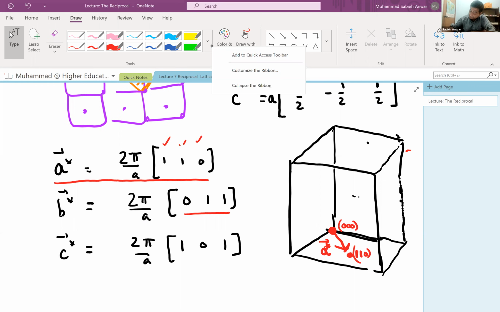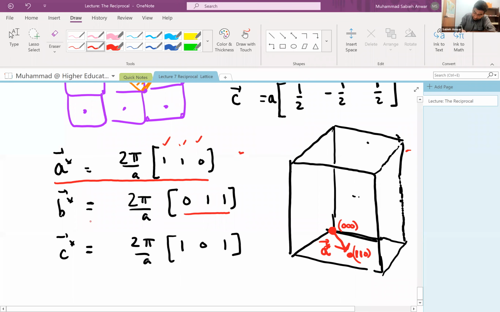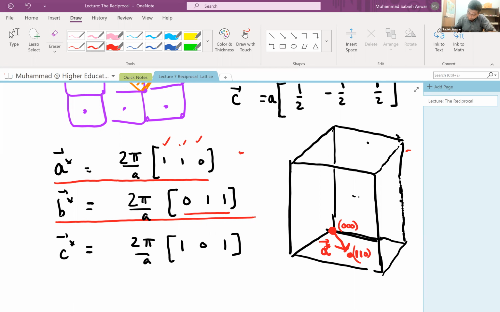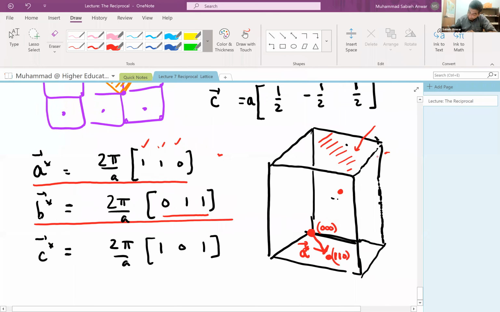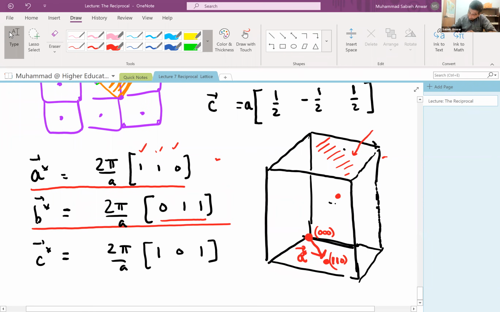So let's first finish drawing this. B star gives me a point where z is 0 and y is 1, at the center of the back face, this face, right? So this point represents the plane 0, 1, 1.